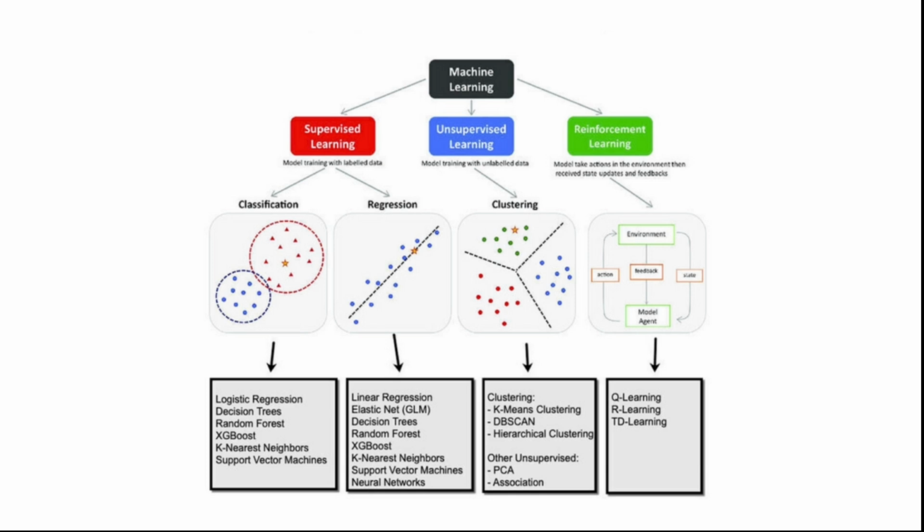Unsupervised learning has clustering based tasks, and the difference between supervised and unsupervised is supervised learning has labeled data, unsupervised learning has unlabeled data, and reinforcement learning, where the model takes actions in the environment and gets feedback from them through a reward mechanism, which we are not going to look through in the course of this lecture.